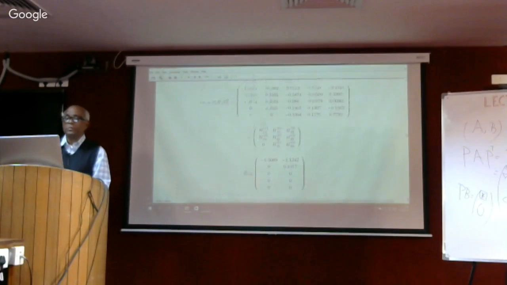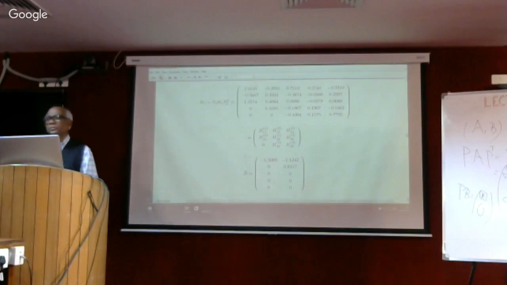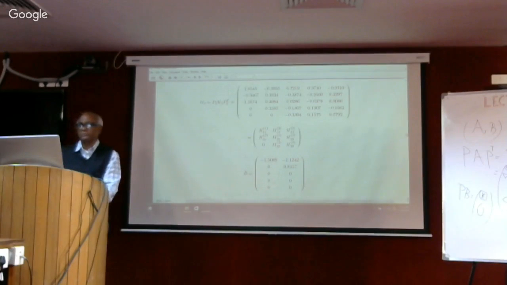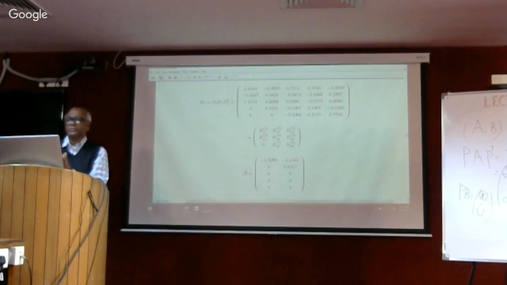So look into H2 and B prime and conclude if the system is controllable or uncontrollable. Look into the block Hessenberg matrix. How many square blocks are there on the diagonal? 3. How many sub-diagonal blocks are there? 2.